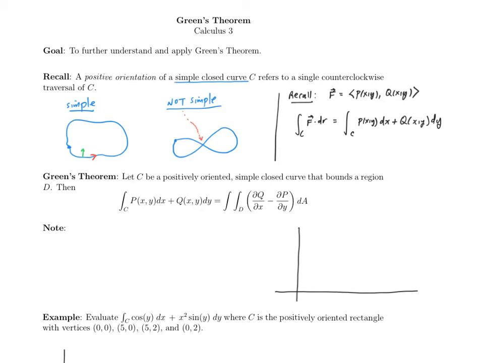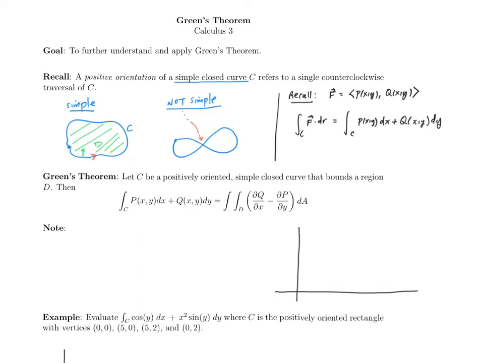So if I imagine walking along the curve, that green arrow is pointing to my left. That's indicating a region, let's call it D, which is enclosed by the positive orientation of a simple closed curve, C. And we now have everything necessary to state Green's theorem.